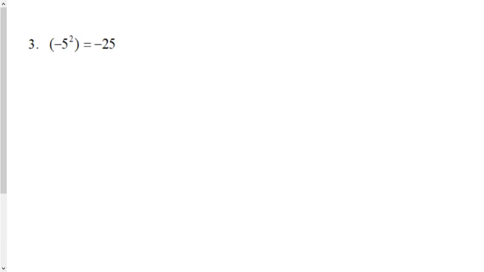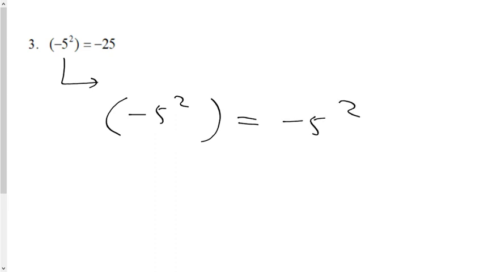Question 3. Now, interesting question. Is the base in brackets or is the power in brackets? The power is in brackets, which means it does not follow that negative base rule. This here is the same thing as this here. Some people say, well, why are the brackets around it? Well, we might have like a negative 2 multiplication out there. We want to separate this negative sign from the rest of the expression, making sure that it's not interpreted as a subtraction question instead.